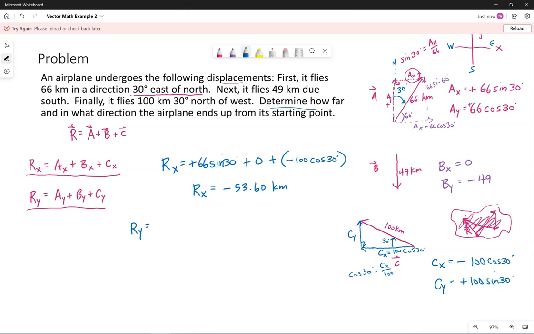Our other component, the y component, we're setting up a similar equation just with y components overall. So in the y direction, we're accounting for how far north the plane flies first, and then how far south it flies, and then how far north it flies again. So north for the first step, south for the second step, north for the third step.